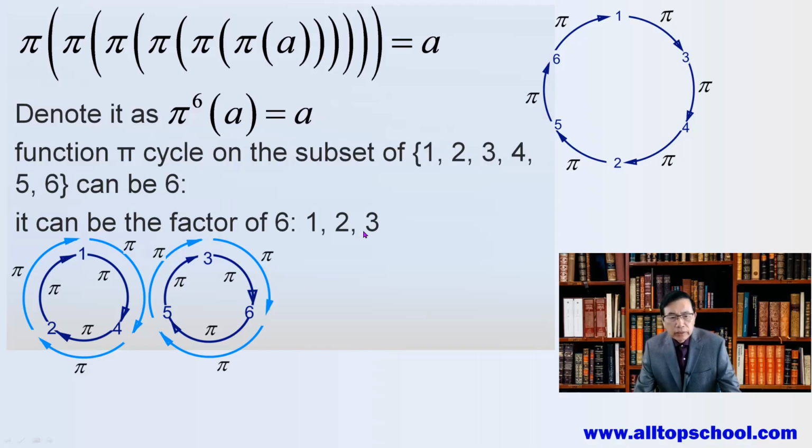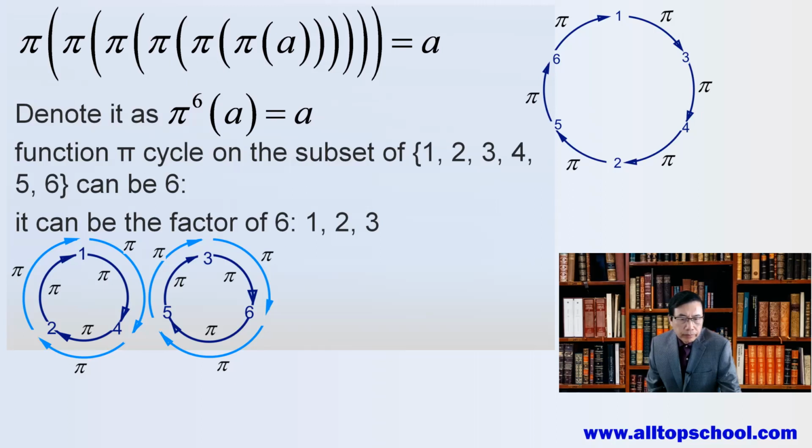We can do the same thing with cycle 2 and cycle 1. Cycle 2 is going to be easy: 1 maps to 2, 2 maps to 1, something like that.